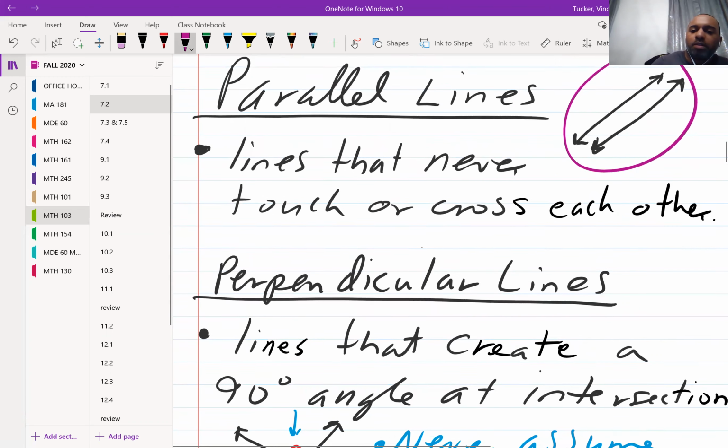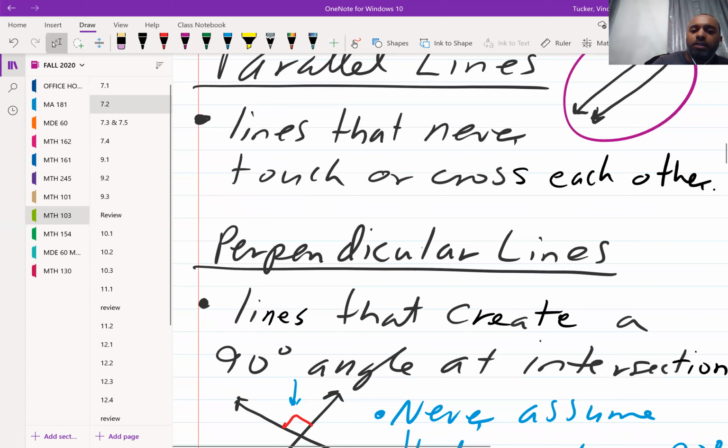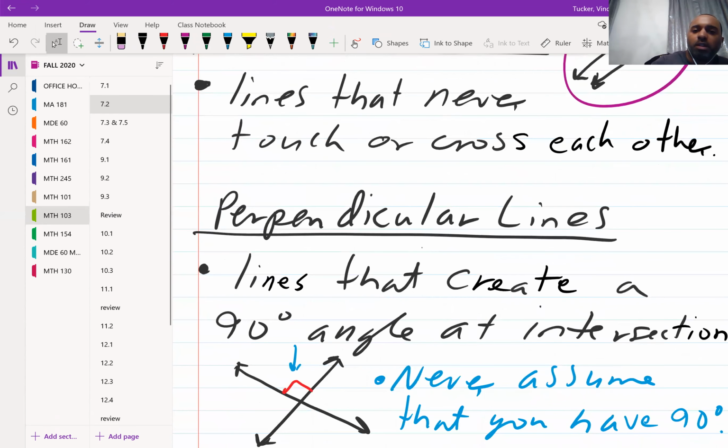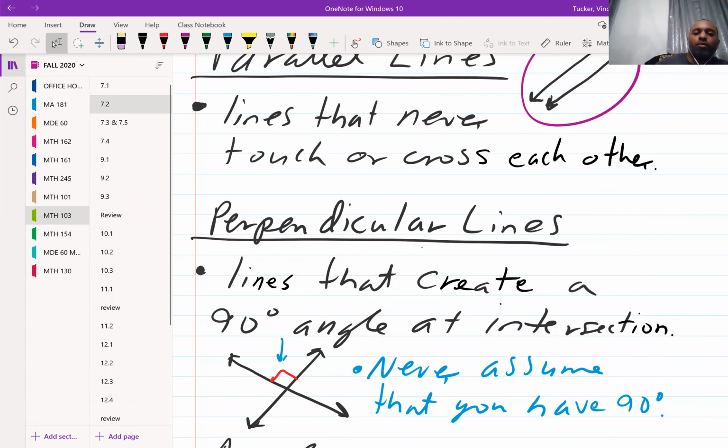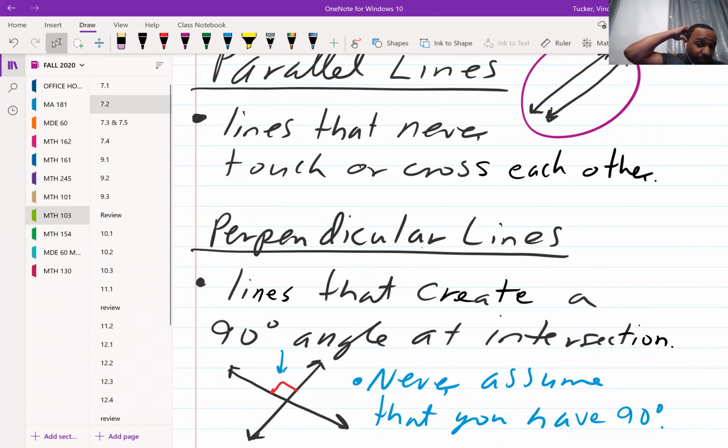All right, perpendicular lines are lines that create a 90-degree angle at the intersection. You can never assume that you have perpendicular lines, never assume that you have 90 degrees in between your lines.